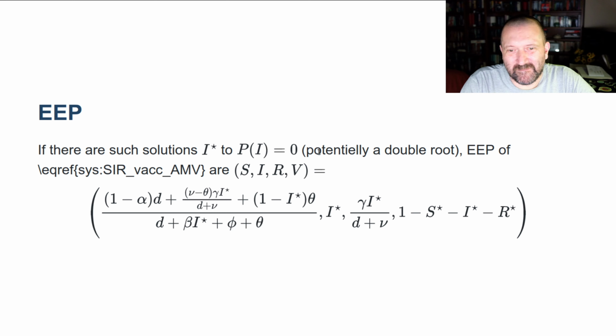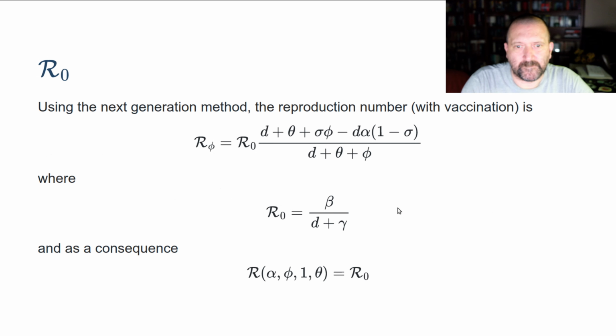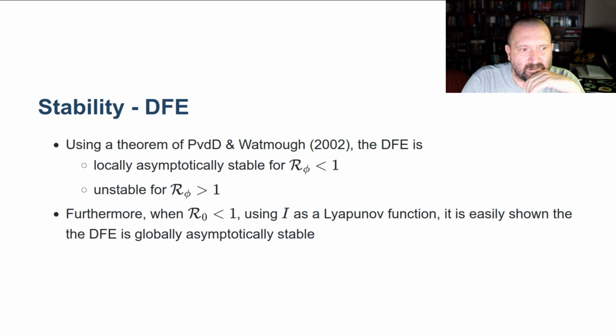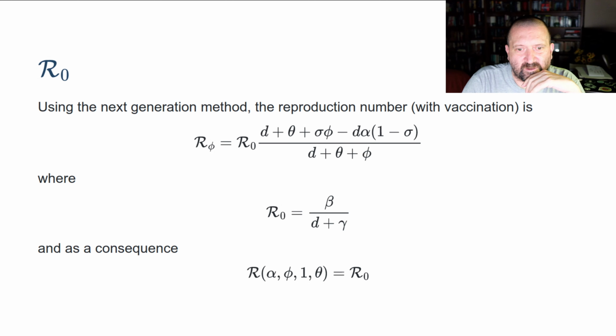So what we find is two equilibria, potentially. And if we call I star those solutions, then we find that they take this form. So there's an R0 value that you can compute. Let me skip this, it's not really important.